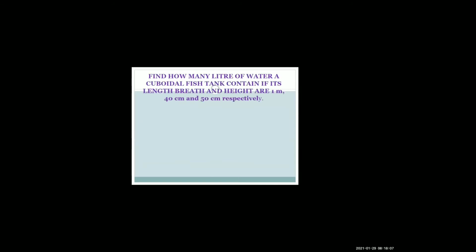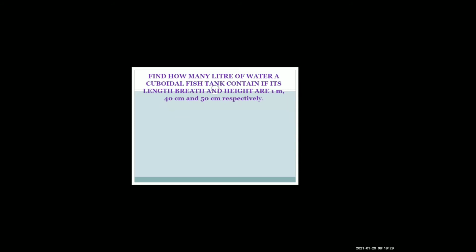Now we are going to do some practical questions related to this. How many liters of water does a cuboidal fish tank contain if its length, breadth, and height are 1 meter, 40 centimeters, and 50 centimeters? Before doing any mensuration problem, in fact any word problem, you have to understand the question.